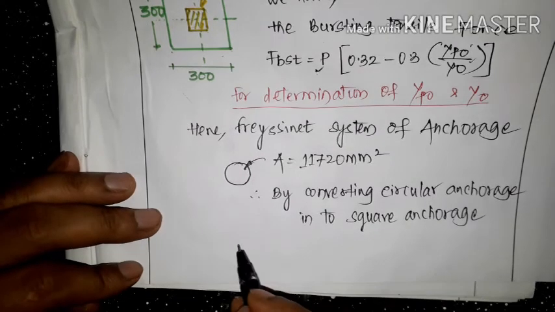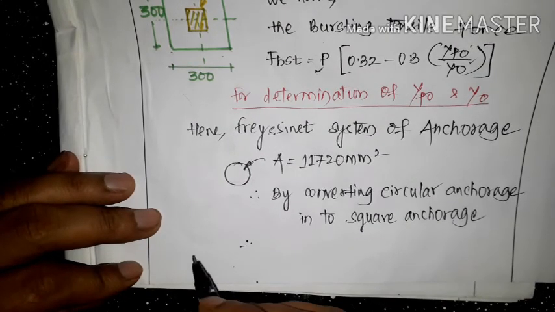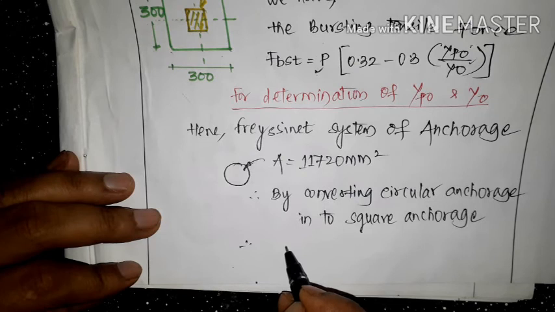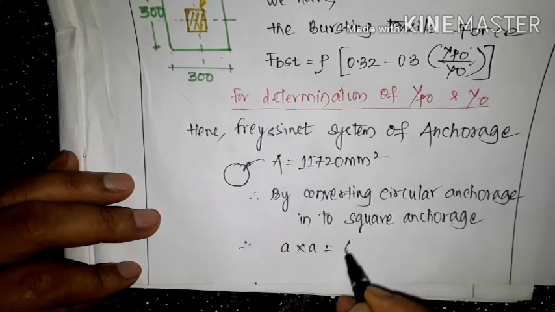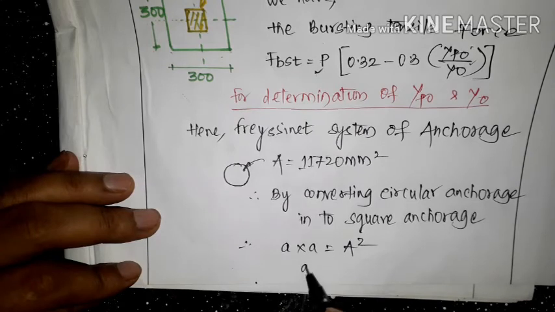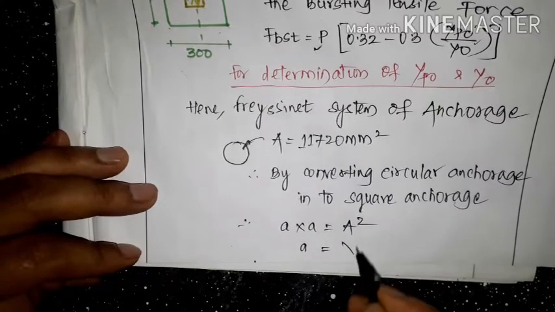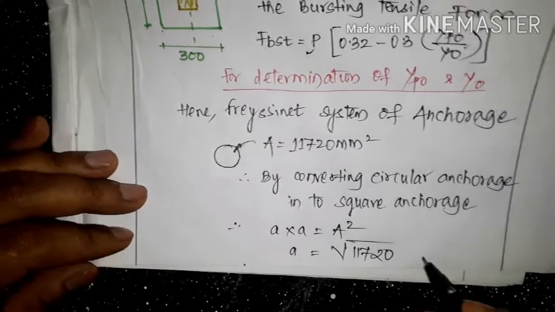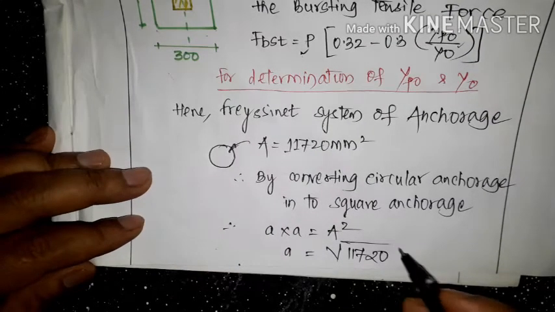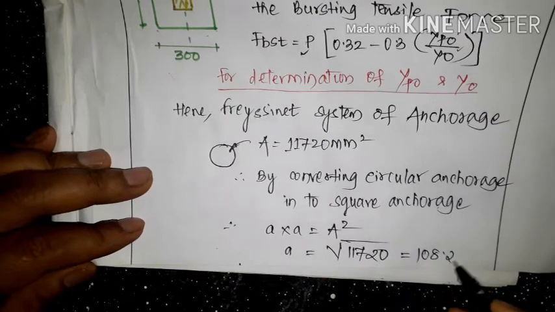So how can we convert? For a square, suppose the side of the square is a, then a times a is equal to a square, so we can find a very easily, equal to the square root of 11720, so we get a equal to 108.25 mm.